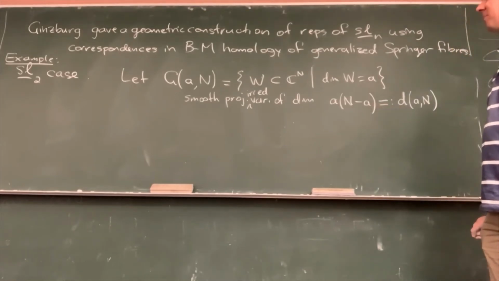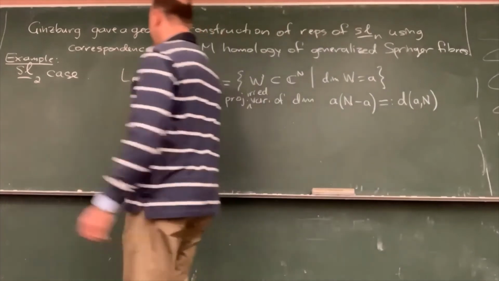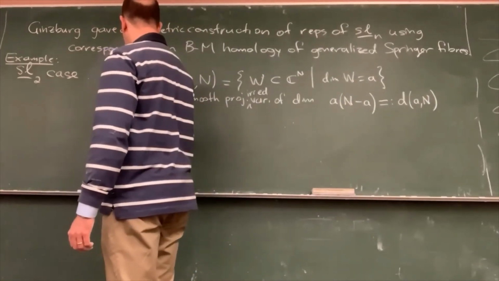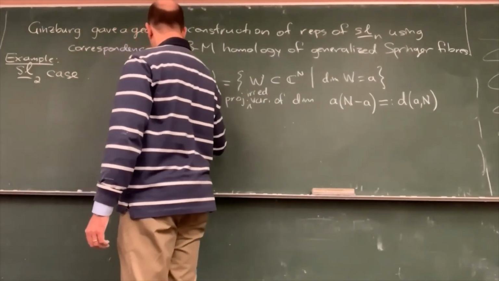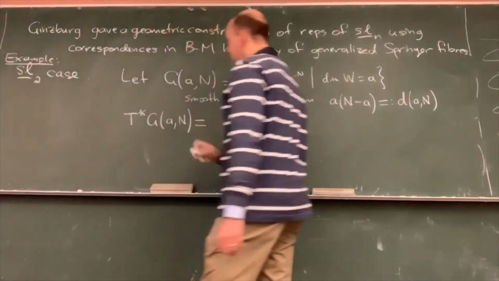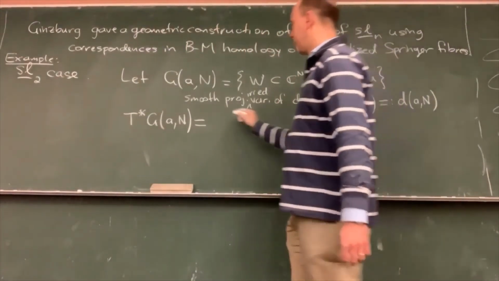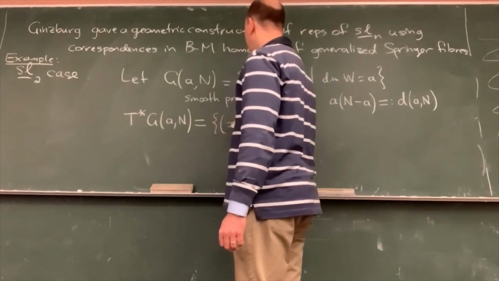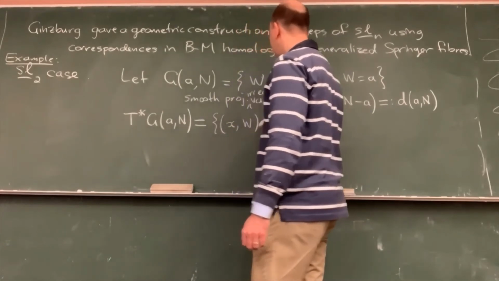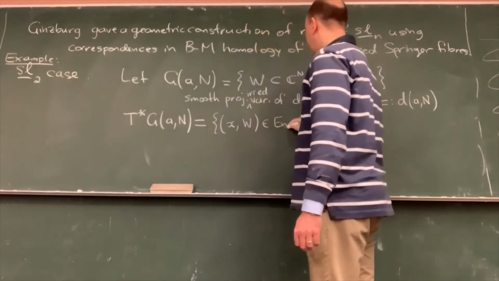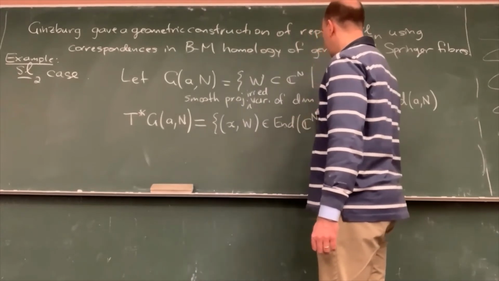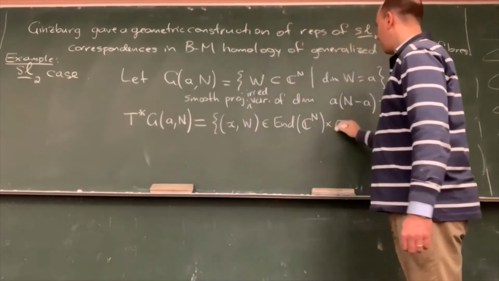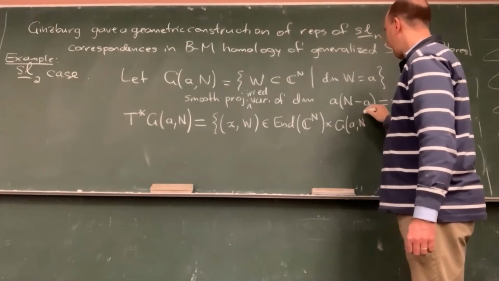And we're going to consider the cotangent bundle of this, which you can identify with the set of pairs of a matrix and a subspace. So X is a linear transformation of C^n, and W is an a-dimensional subspace.